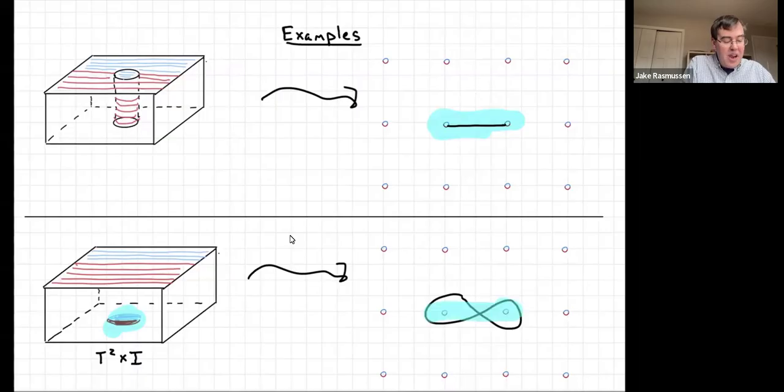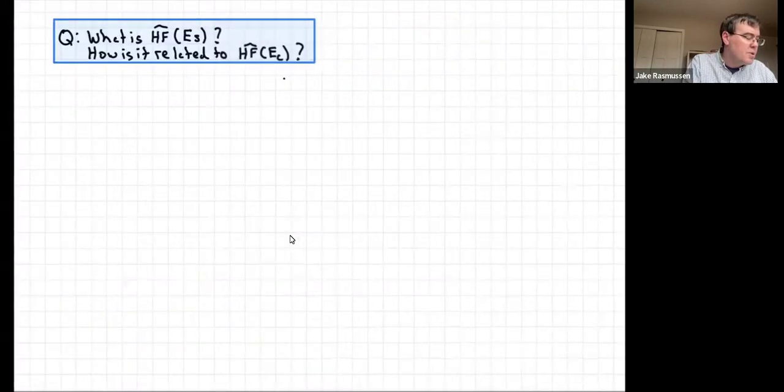I got a little figure 8 going around these two punctures. And again, that's not an accident. The fact that I just have this yin-yang boundary on this side means that I get a compact object in the Fukaya category, a union of loops. Whereas here I had this tunnel, and that results in a non-compact object.